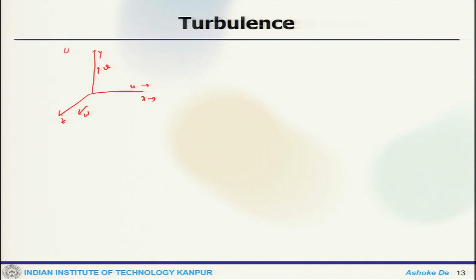This is typically what we do in a lab scale. In atmospheric combustion, the convention is this is x, this is y and this is z.